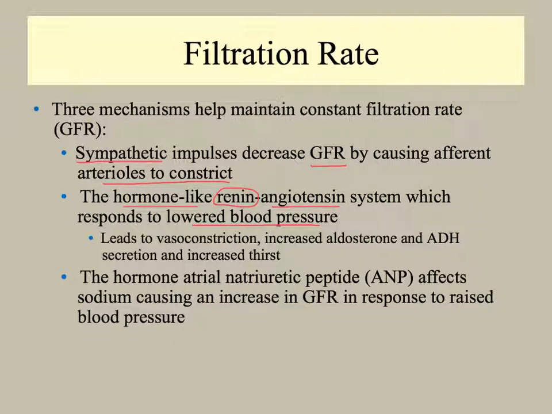Angiotensin 1 then is transformed into angiotensin 2 by another enzyme found in the lungs. And angiotensin 2 acts to do a variety of things such as vasoconstriction or increasing the amount of aldosterone and antidiuretic hormone. Both of these serve to keep sodium in the body, and then water follows sodium back in, from the renal tubules back into the bloodstream.